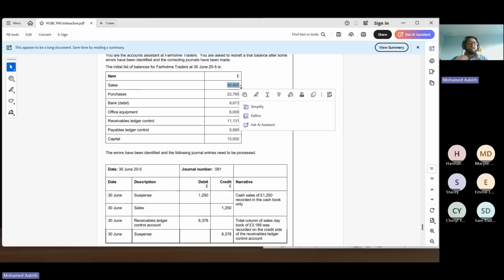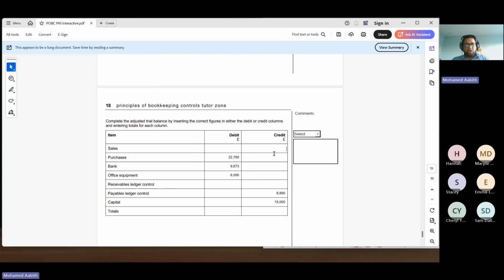In a whole sense, a cash or credit sale is going to increase your income. Therefore it is going to be 30,827 plus this 1,250, which gave you 32,077. You go here, 32,077. They didn't ask you to do that in decimals on this side, so you don't have to worry about that.